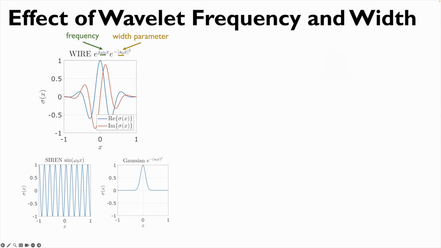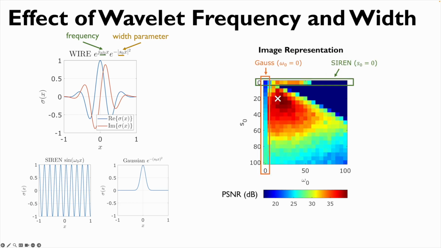And set the width of the Gaussian function to infinite by setting S to 0, and you just get a complex sinusoidal function. Here, we experiment with different frequency and width parameters for the wavelet nonlinearity of an INR on an image representation task. Again, setting the frequency to 0 gives the Gaussian nonlinearity, and setting the width to infinite gives the sinusoidal nonlinearity. We measure the PSNR of the output, where red here represents the highest PSNR.